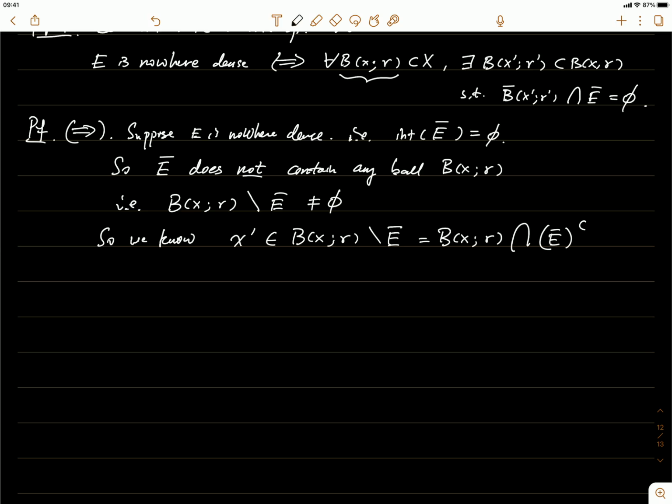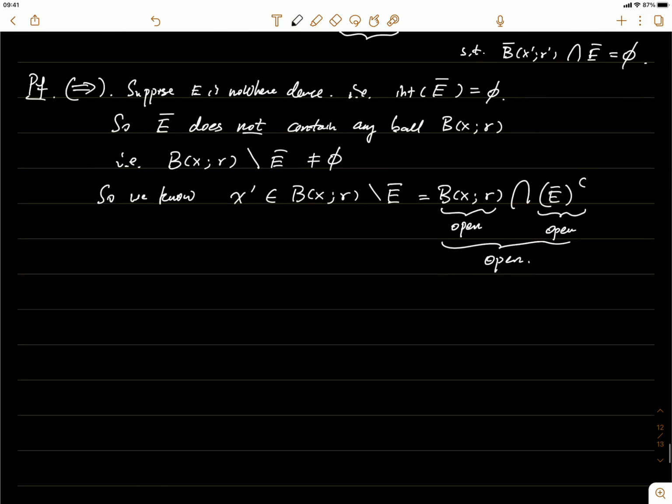Okay, now remember that this is open, and also the closure of E is closed, so the complement is open. Now we have an intersection of two open sets, so that means this whole thing is open. And now I have x prime that is in the open set.